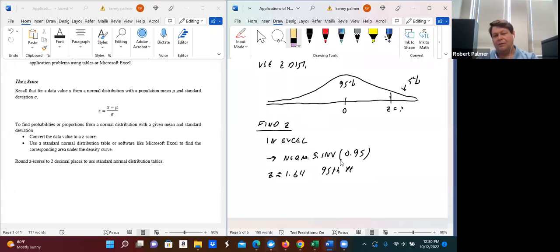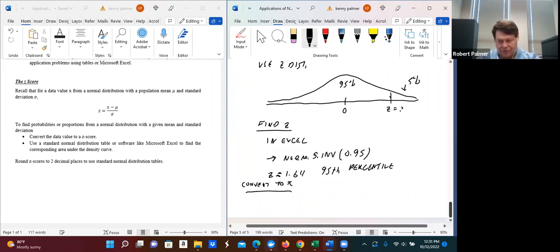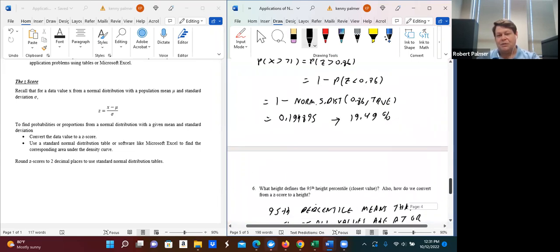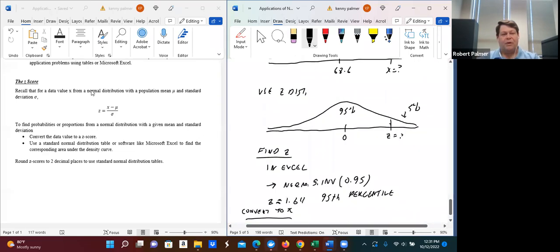Now, we're not quite done. What we need to do then is convert this to an X value. I'm almost out of space, I want to try to stay on this same page. If we look at our z-score formula, this is our z-score formula.